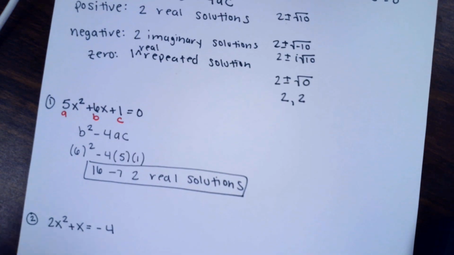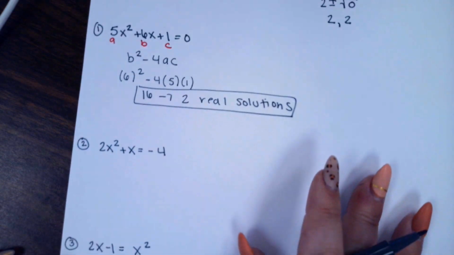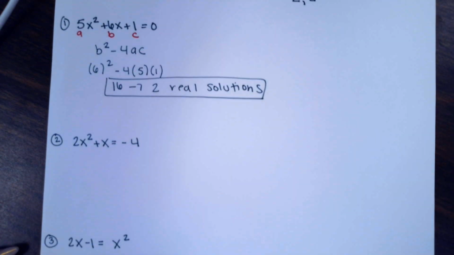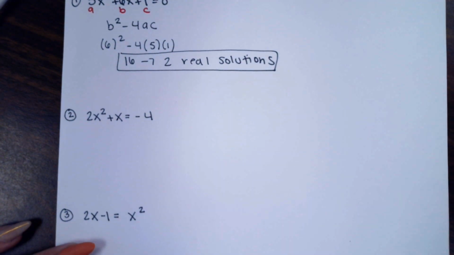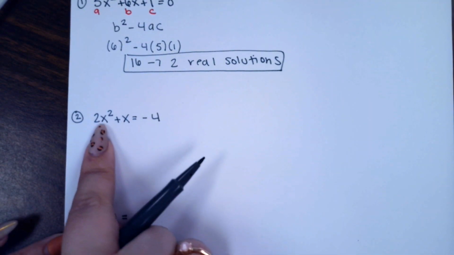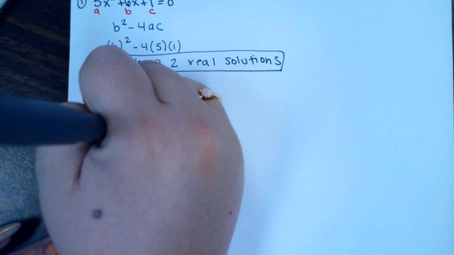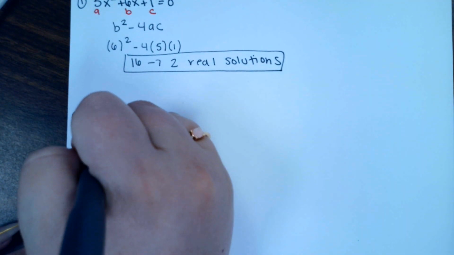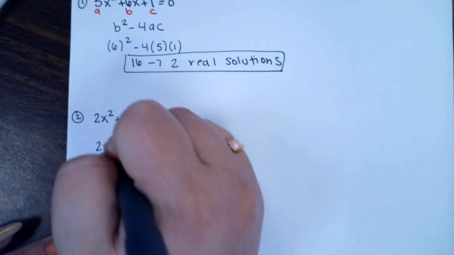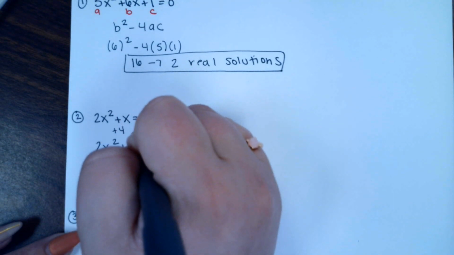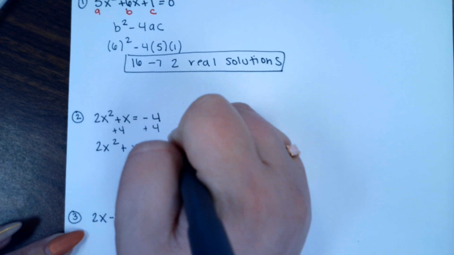Luckily, our first one was already like that. But our second one, we're going to have to do some algebra before we find the discriminant. So we need everything on the left side of our equation. So we're going to add 4 to both sides. So we'll get 2x squared plus x plus 4 equals 0.